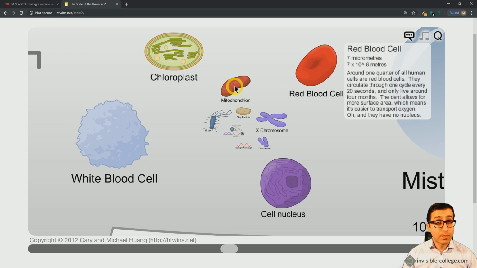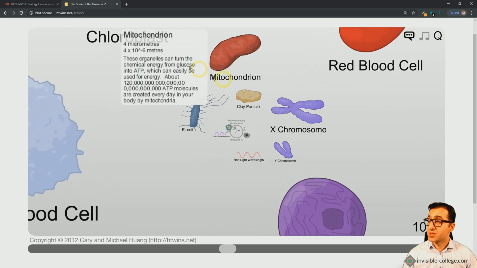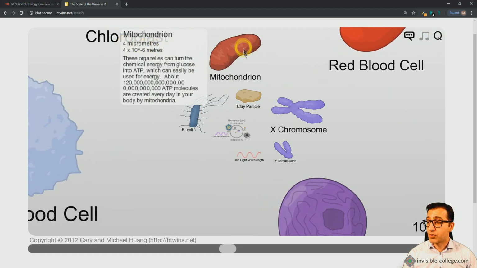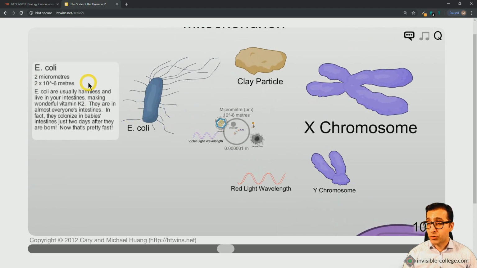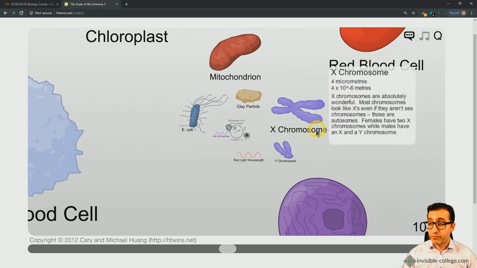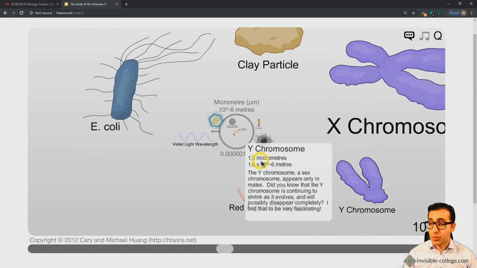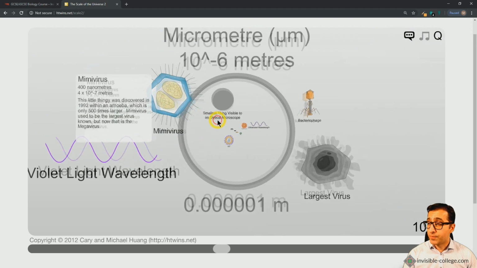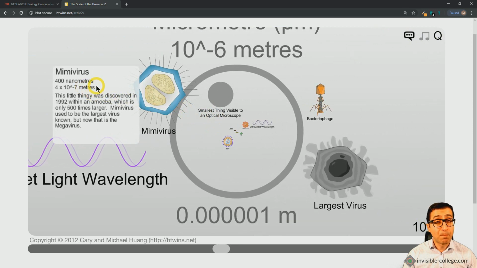Now, if we look at the size of a mitochondrion, which is an organelle of eukaryotic cells, now we're down to about 4 micrometers. An E. coli bacterium, about 2 micrometers. The average chromosome, the X chromosome, for example, is about 4 micrometers. The Y chromosome is smaller. It's about 1.5 micrometers.